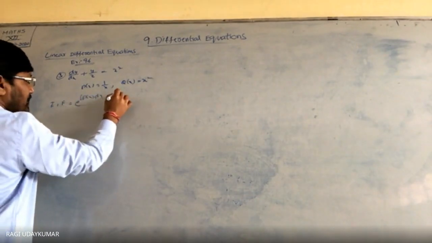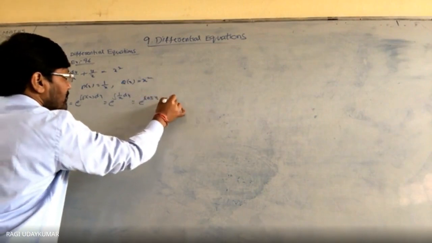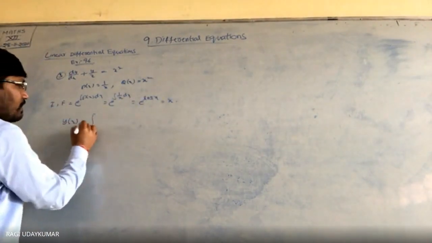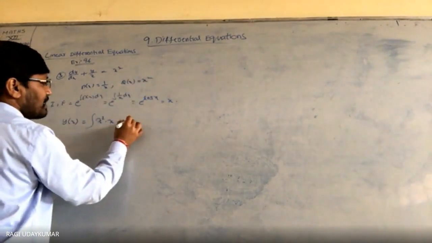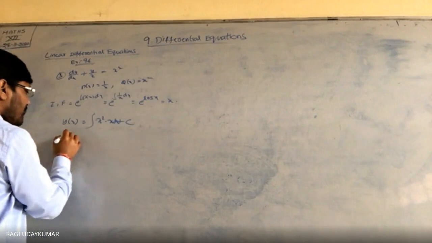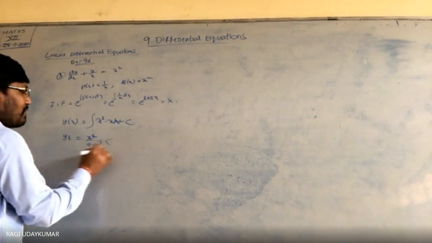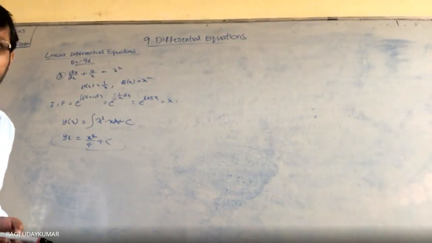So e power integration of 1 by x dx is equal to e power log x, so x is the integrating factor. So y into integrating factor is equal to integration of q of x into integrating factor dx plus c. So the answer is yx is equal to x power 4 by 4 plus c. Simple problem this is. There is nothing in it, isn't it? Did you understand?